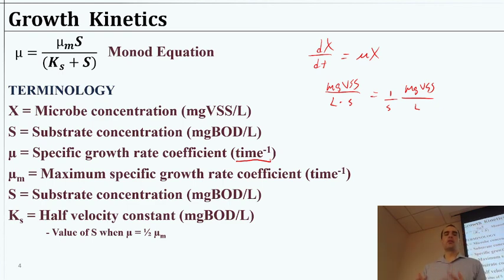So I'll explain that graphically in a moment. It's just sort of a description of at what point in the food, like if you go from zero food to all the food they could want, where on that spectrum are they growing half as fast as they could? So they have half the amount of food that they want, sort of.